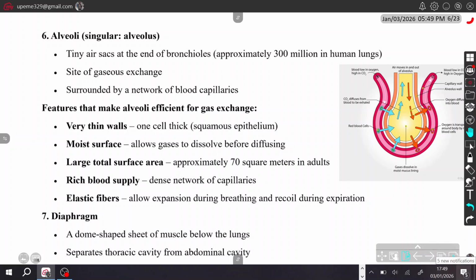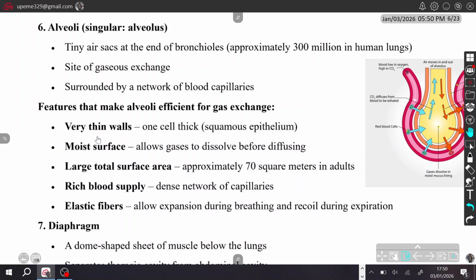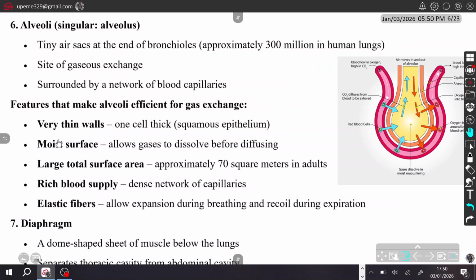That's what we are now discussing. The first feature is that they have very thin walls, one cell thick. So the walls here are quite thin, like the size of one cell.